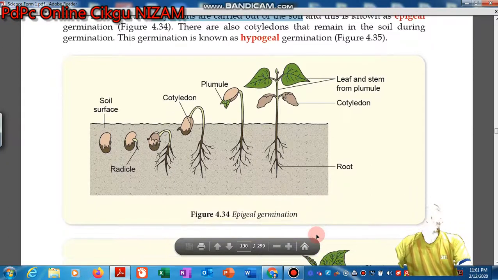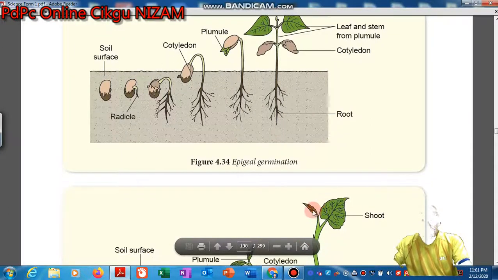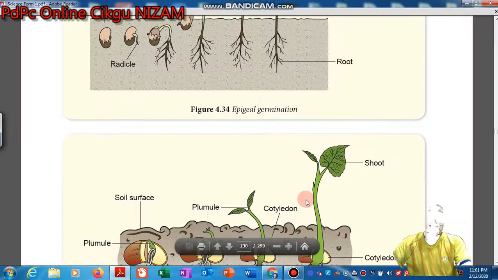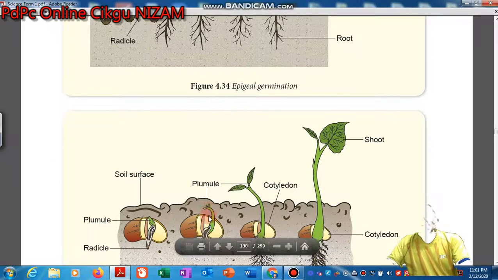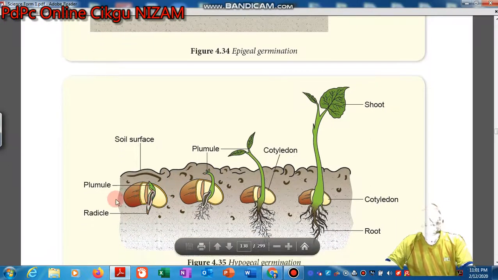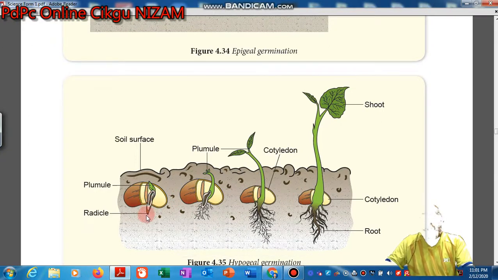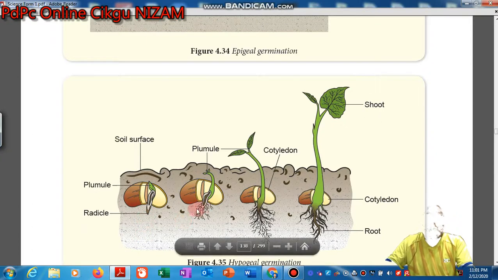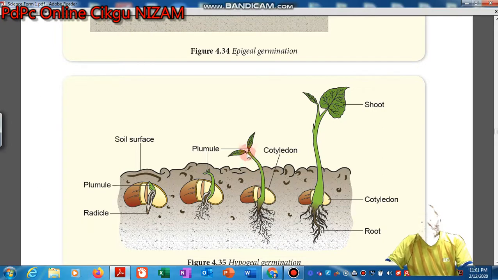The diagram below shows hypogeal germination, in which during the process of seed germination, the cotyledon maintains its position in the soil. As we have discussed, the radicle will grow downwards to become a root, and the plumule will form a stem and leaf like this one.